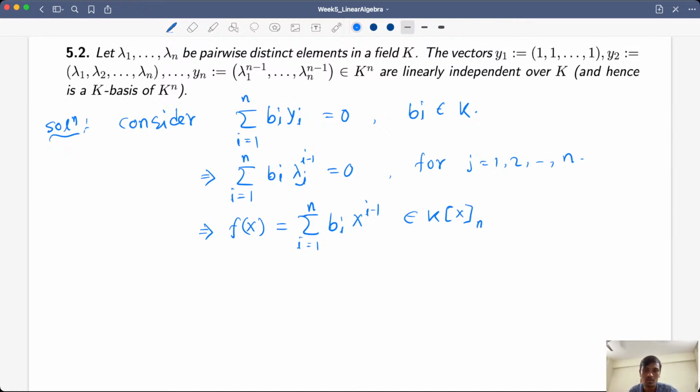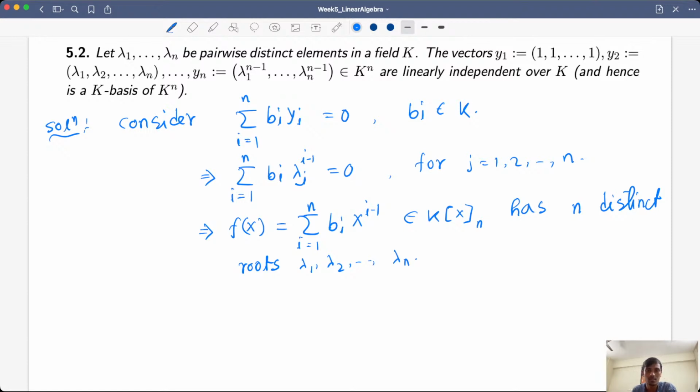So clearly this belongs to it, and f has n distinct roots, lambda 1, lambda 2, up to lambda n, because these lambdas are distinct and they all satisfy f of lambda j equals 0, for any j equal to 1 to n.